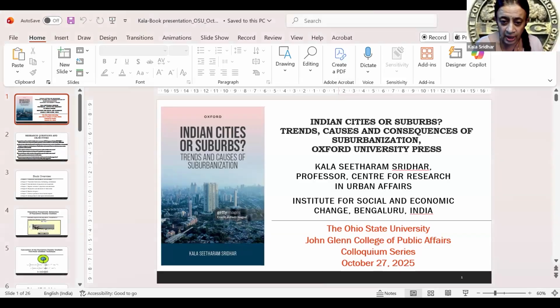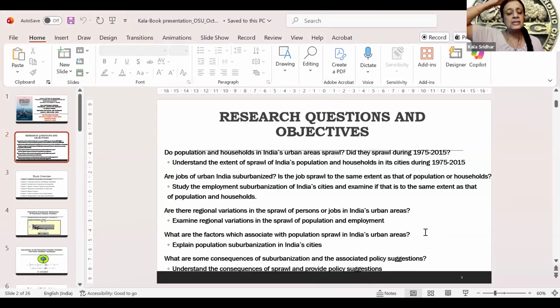Now I would like to move on to the next slide. These are the research questions and objectives that led me into the investigation for the book. Basically, this book is about India's cities and urban areas. The first research question is whether India's population and households sprawl. Sprawl is a much more haphazard word than suburbanization, but for the moment we will use them interchangeably.